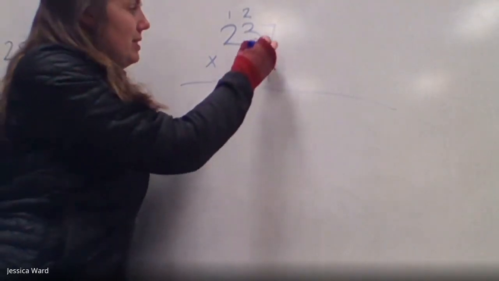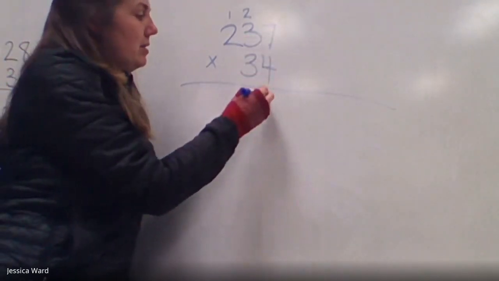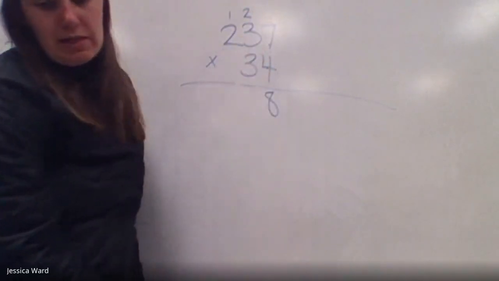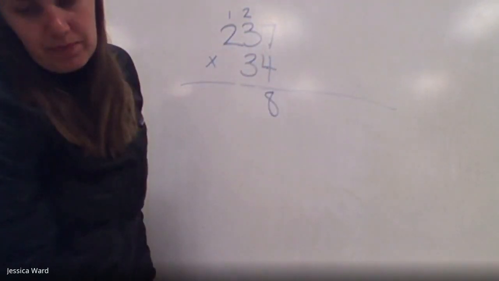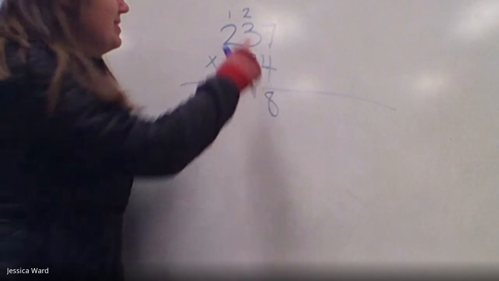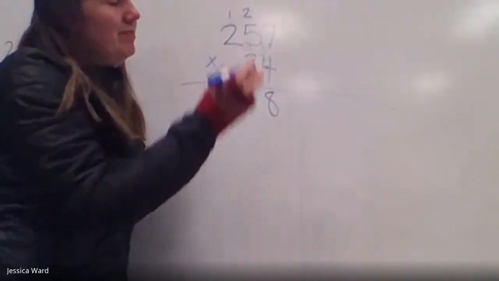4 times 7, yes, that is 28. 4 times 3 is 12. Oh, that's why, because I wrote, there we go.